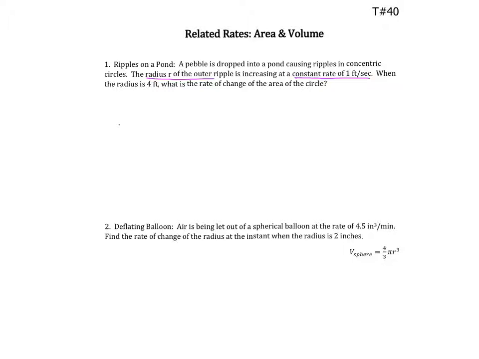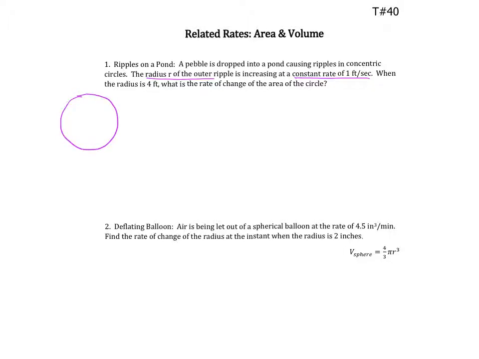Now, the first step in related rates is you draw a picture. In this one, the picture doesn't do a whole lot for you, but there are some things I want to say. That doesn't look like a very good circle, does it? Sorry, I'm picky. There are things I'm going to say that have to do with ones where the drawing will be more helpful.